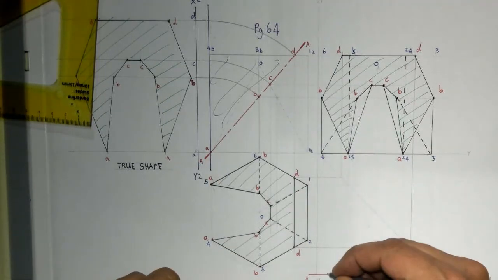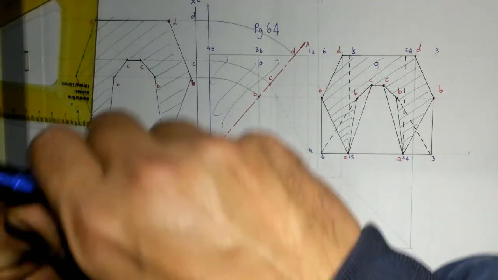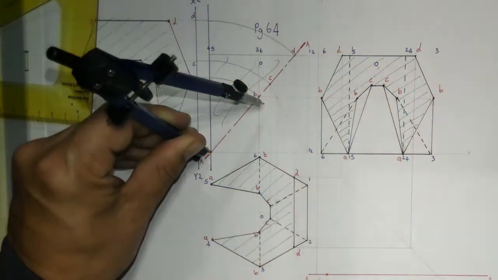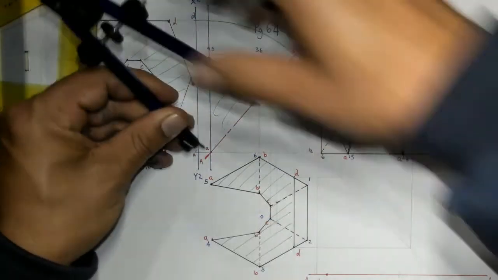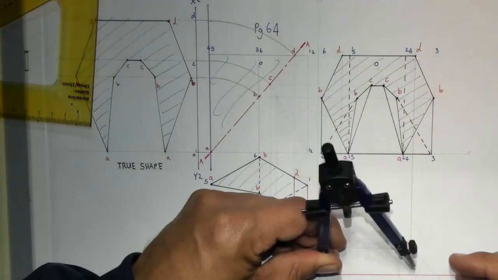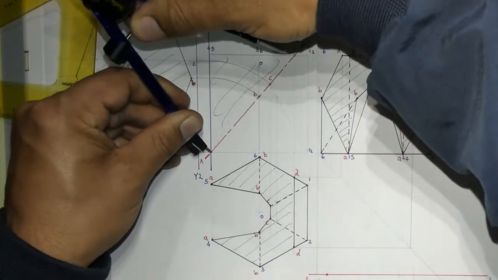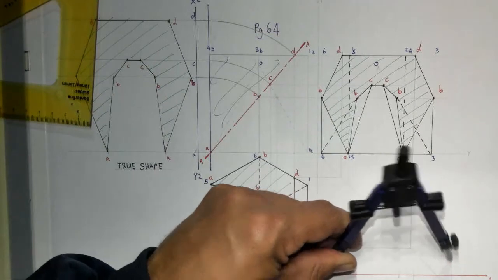I then just make a starting point, which I call A. I'm doing this very quickly because we have done this in grade 10 and 11, and it's just a refresher. I have a starting point. From A to B is that amount. From A to C is that amount. From A to D is that amount.